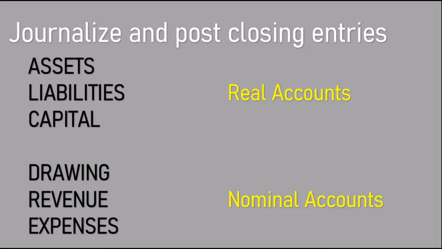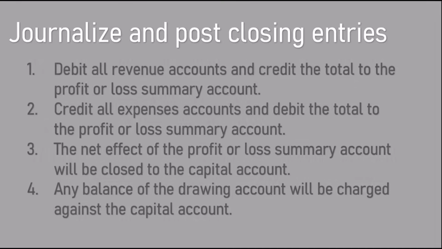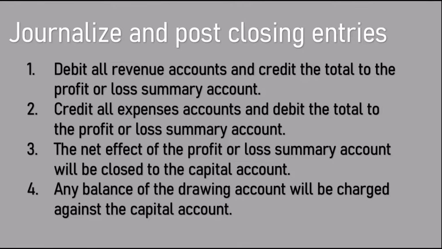And those accounts that are brought back to zero to prepare them for the next accounting period are what we call nominal accounts. Okay, so the steps in preparing closing entries will be like this. Number 1, debit all revenue accounts and credit the total to the profit or loss summary account. Remember that revenue has a normal balance of credit.